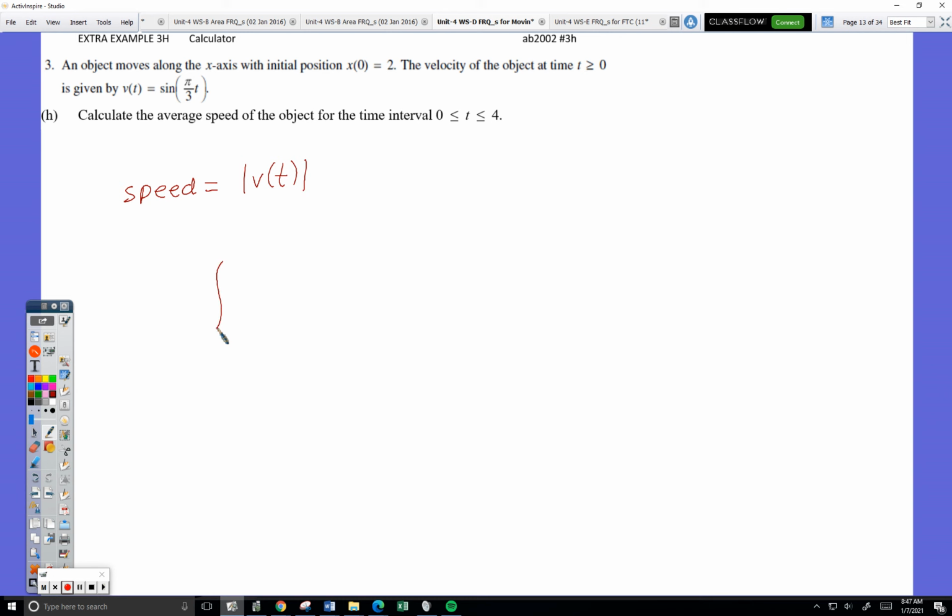So I'm going to integrate the absolute value of the velocity. Question?